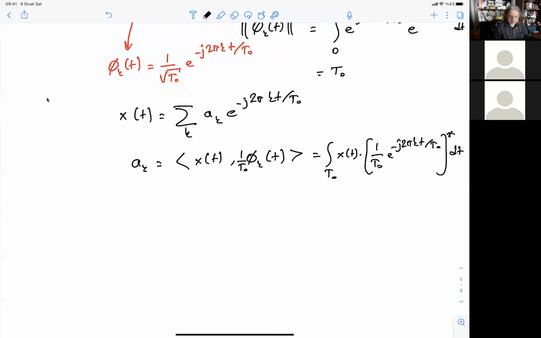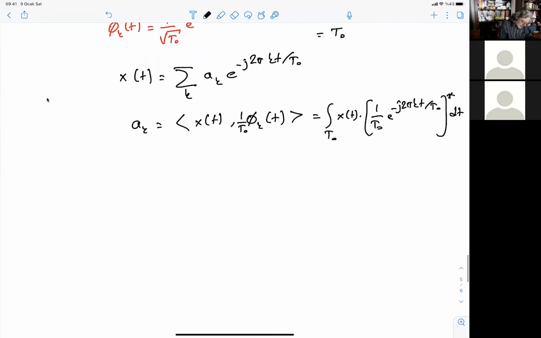This was our inner product, which makes a_k equal to 1 over T0 integral over T0 of x(t) e to the plus j 2 pi kt over T0 dt. This is a_k.